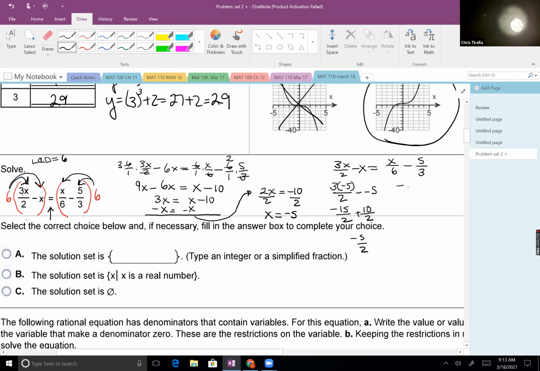On the other side, I have negative 5 over 6 minus 5 over 3, which would give me negative 5 over 6 minus 10 over 6, which gives me negative 15 over 6, which would reduce to negative 5 halves.